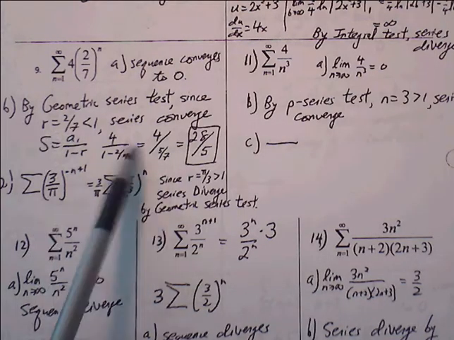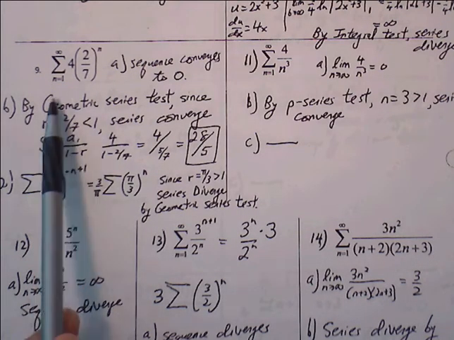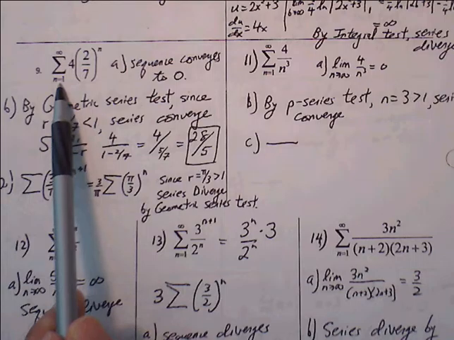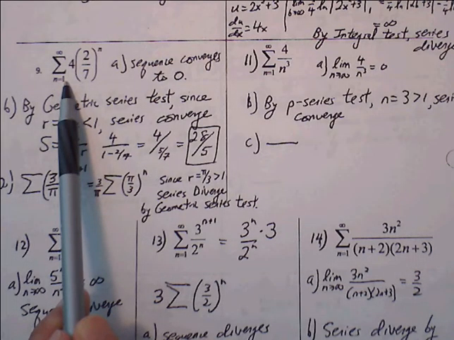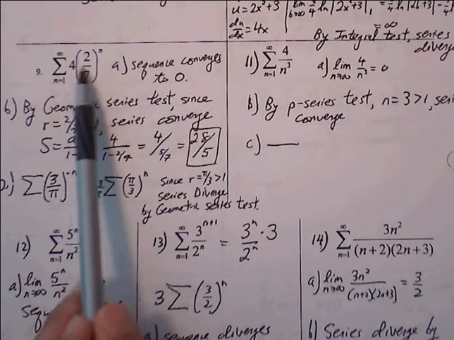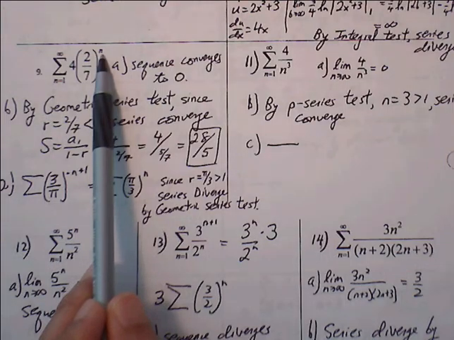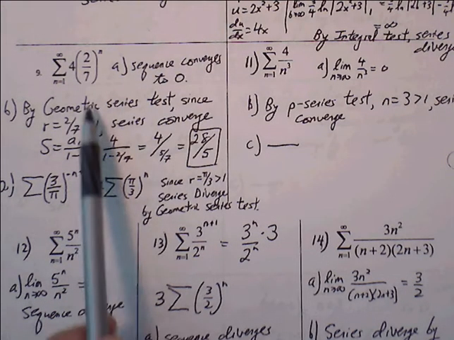The infinite sum is the first term divided by 1 minus r. For the first term, we always just plug in the first n value into the expression. So n is 1, so 4 times 2/7 is 8/7.